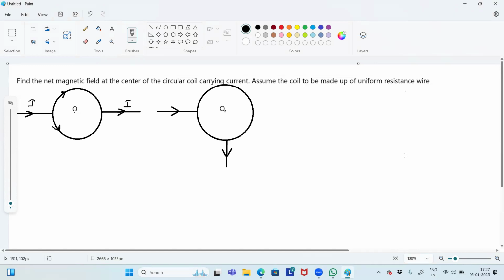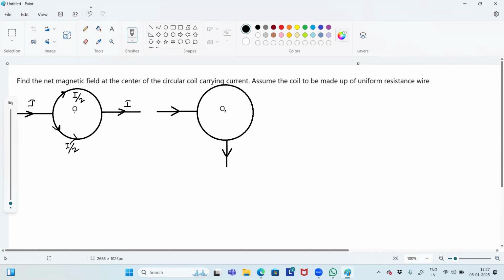Since the wire is of uniform resistance, the upper semicircle and lower semicircle both will have equal resistance. So the current will divide equally and pass through the coils. So this current will be I by 2. This current also will be I by 2.